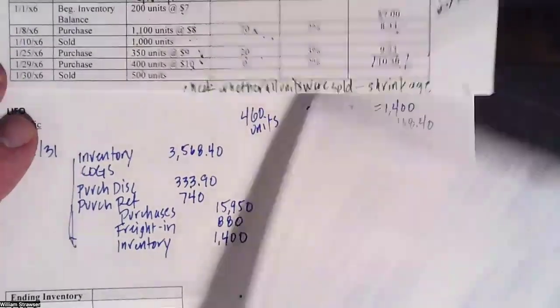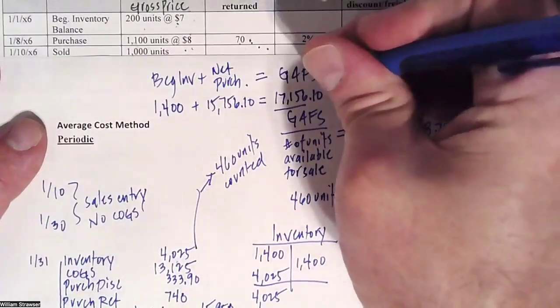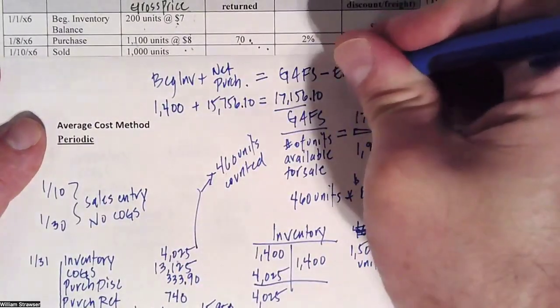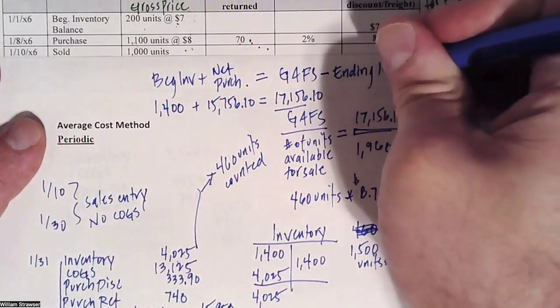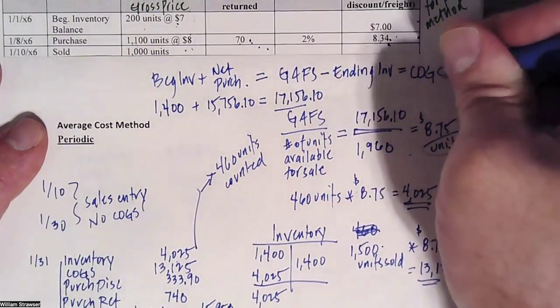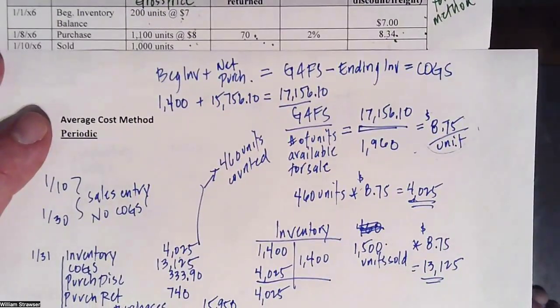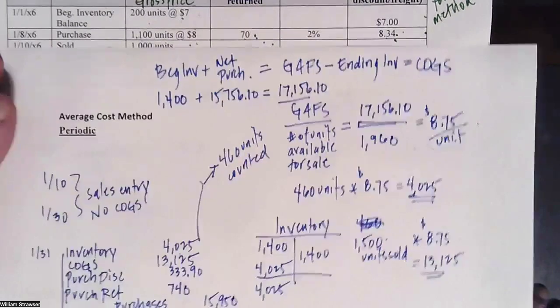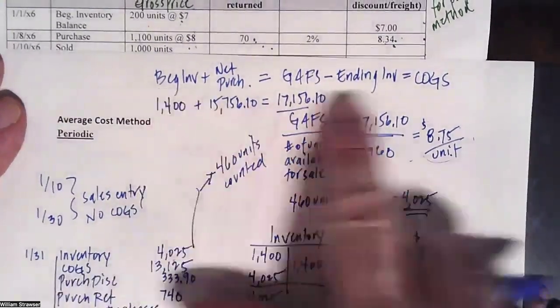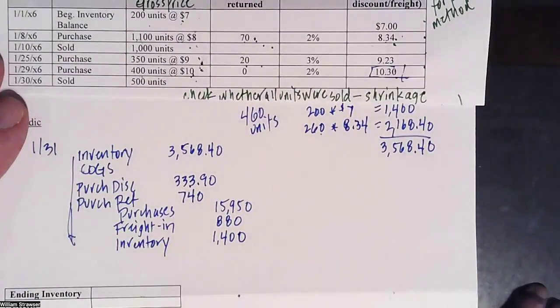And understand that the other side of this goods available for sale equation, once we have goods available for sale, is if we subtract our ending inventory, what is the result? Cost of goods sold. So this inventory equation, and how I structure my thought process in working through these problems, is so important. It makes a lot more sense and adds to your overall understanding much better than just doing a plug.